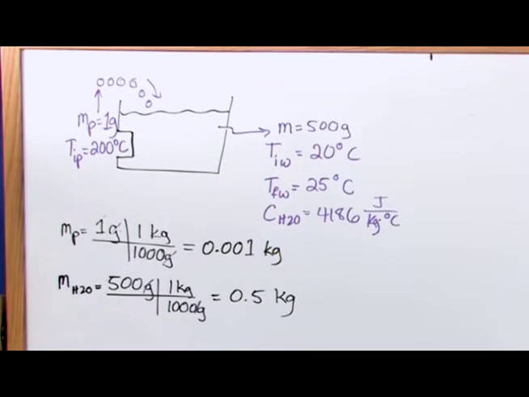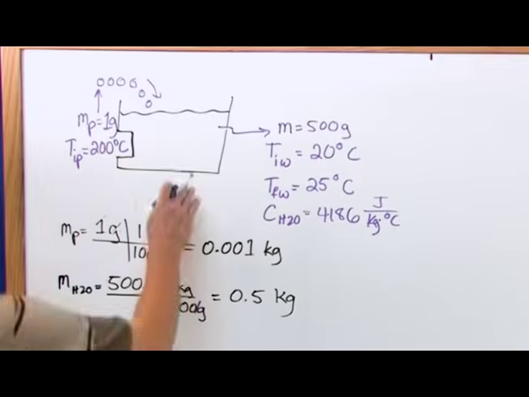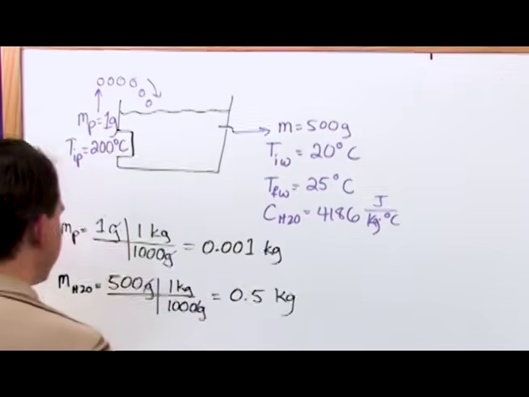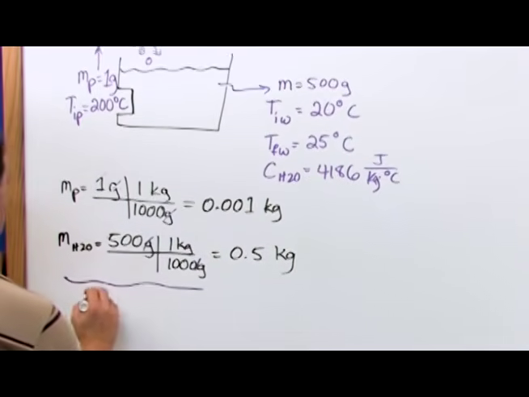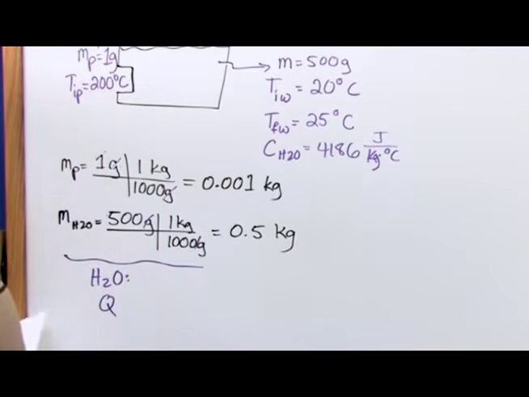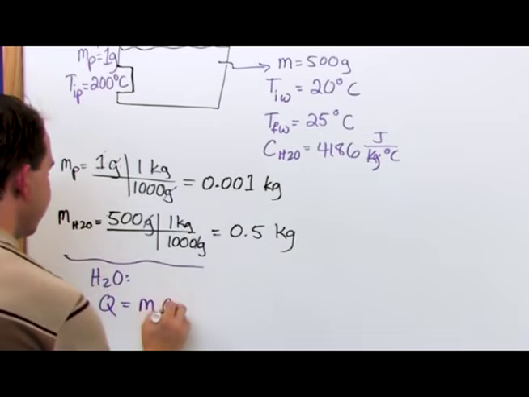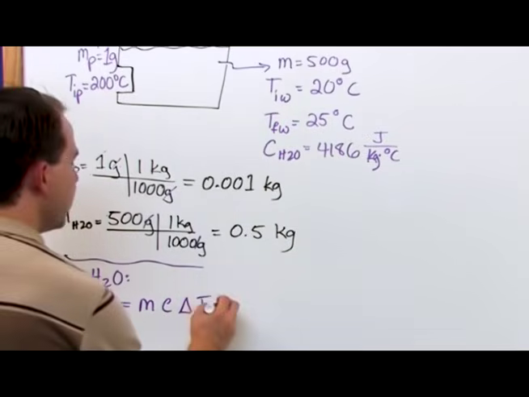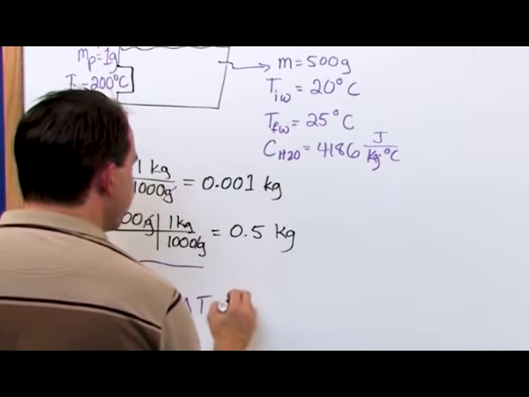All right, so what we want to do next is look at the water and figure out how much heat is going into this water to increase the temperature like this. For the water, we know that the Q going into the water is equal to mass times specific heat times the delta T. And we know the mass is 500.